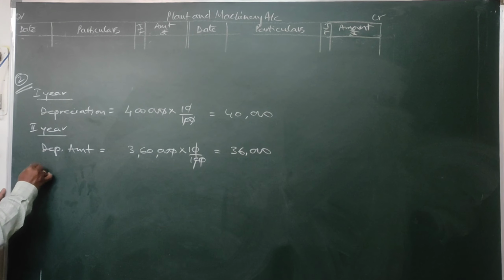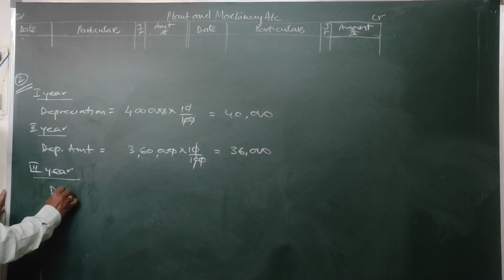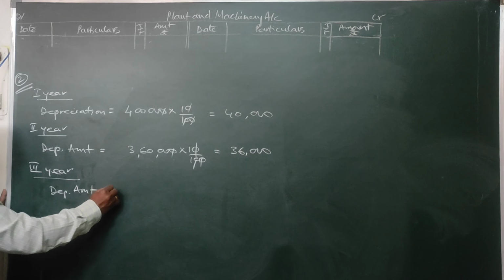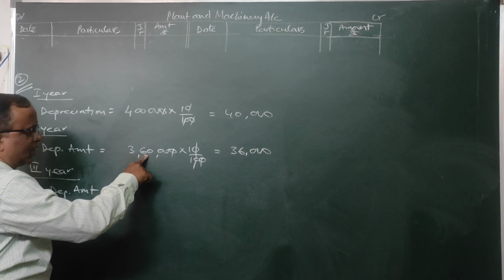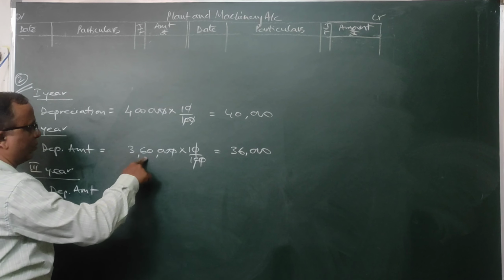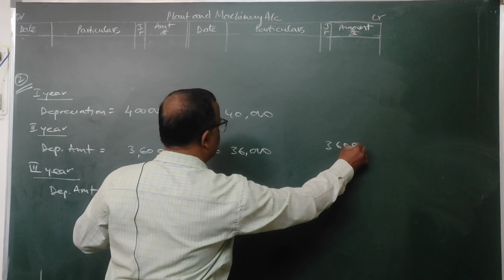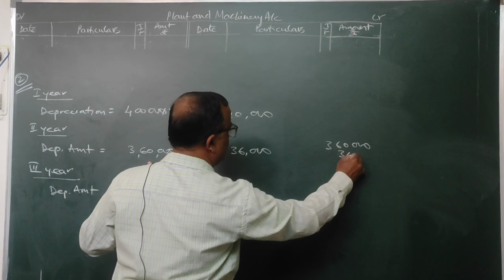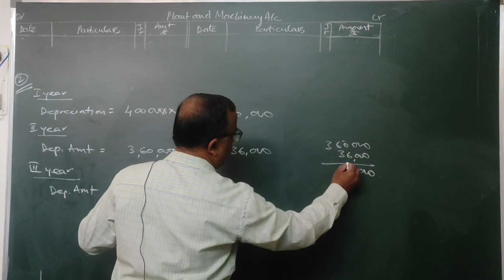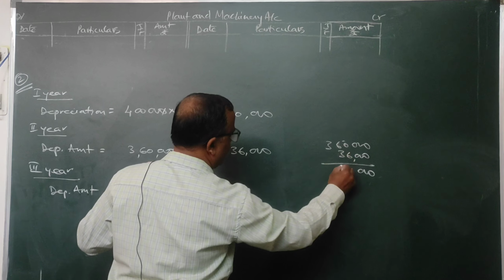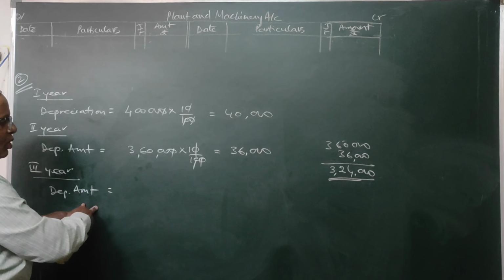Then again for third year, the depreciation will be how much? See, in the second year the book value of machinery was 3,60,000. In the second year the depreciation was 36,000. So what is the value now? 3,60,000 minus 36,000, how much will it be? 10 minus 6 is 4, 5 minus 3 is 2, 3. 3,24,000 is the value in the beginning of this particular year.